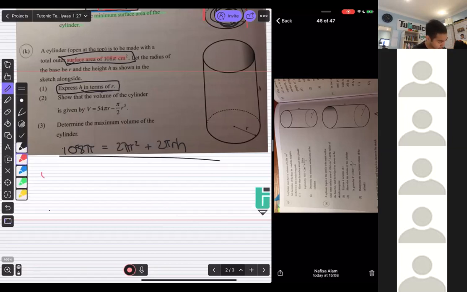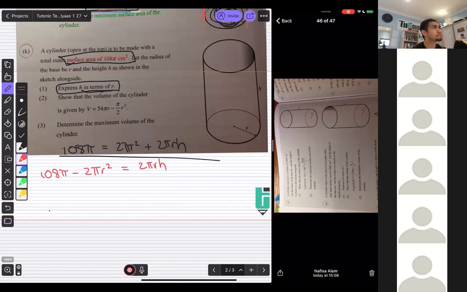So it becomes 108 pi minus 2 pi r squared equals 2 pi r h.